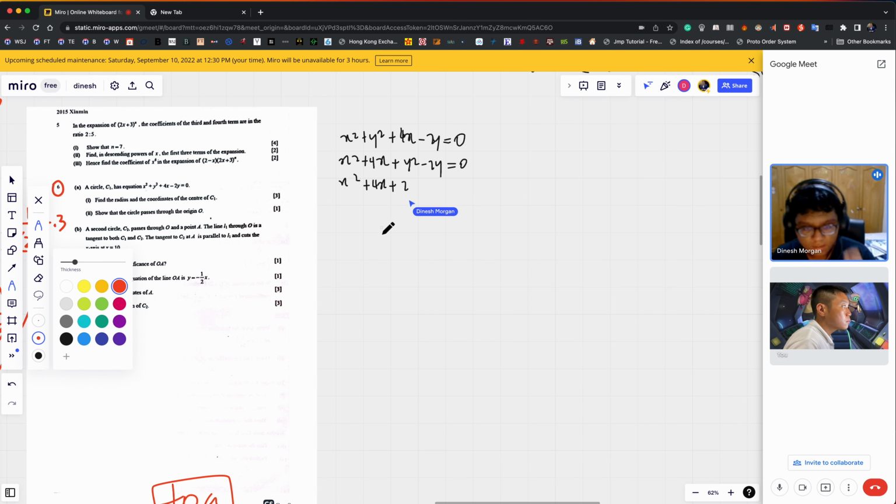Completing the square. I take the coefficient of x divided by 2, right? Then I need the minus 2.